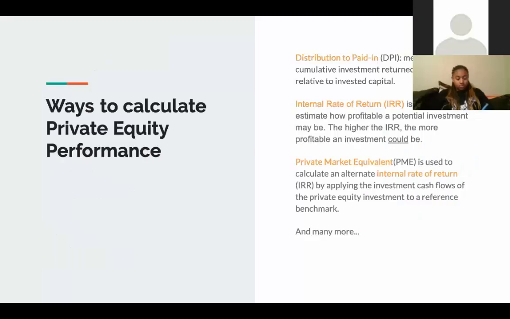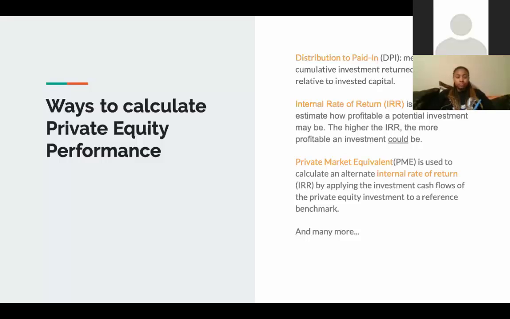To give you an idea of just how complex it can be, I want to touch base on some of the ways to calculate private equity performance. We have distribution to paid in, also known as DPI, as well as internal rate of return, also known as IRR, which is used to estimate the potential profitability an investment could have.